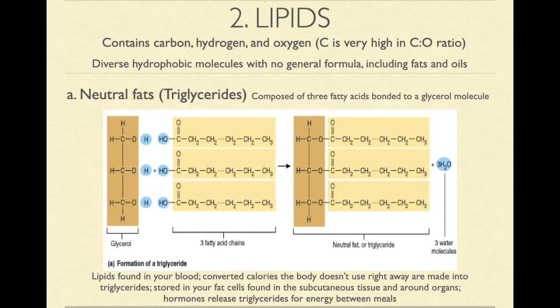They can be stored in your fat cells. They can be converted into calories. They can be stored around your organs, and in your lower skin between your muscle and upper skin layers. Hormones are made up of lipids as well, and hormones can release triglycerides for energy.